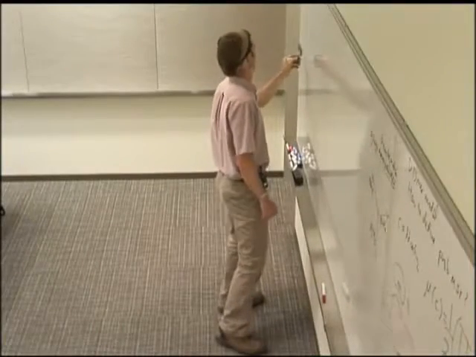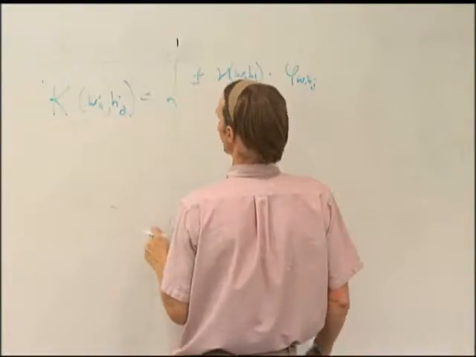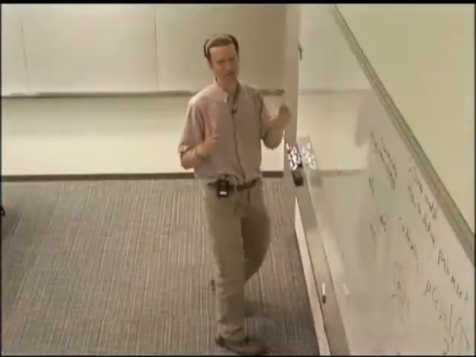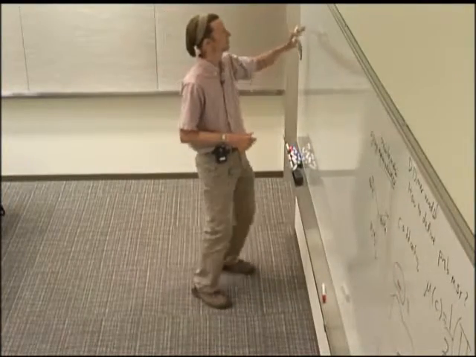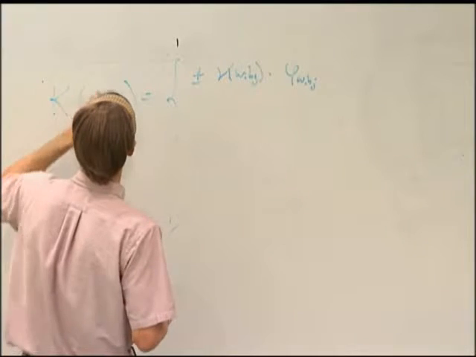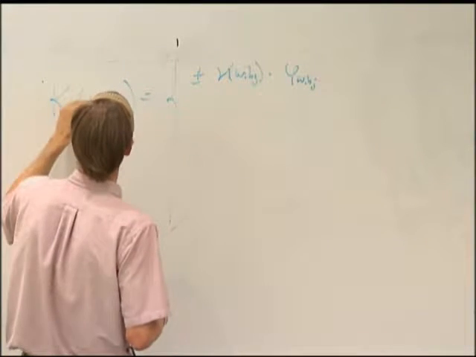K is now going to be an n by n matrix where n is the total number of vertices, both the white and the black vertices. So maybe I shouldn't distinguish between white and black here. Let me just say Vi and Vj. Is that going to be a problem?